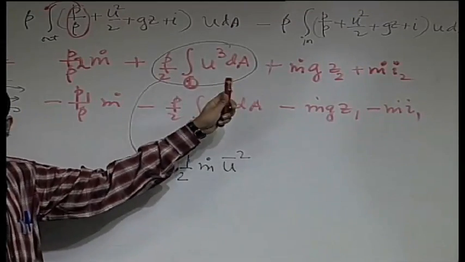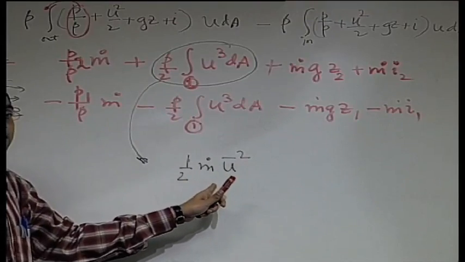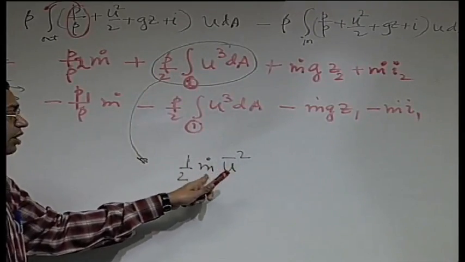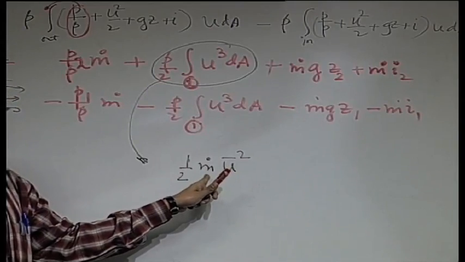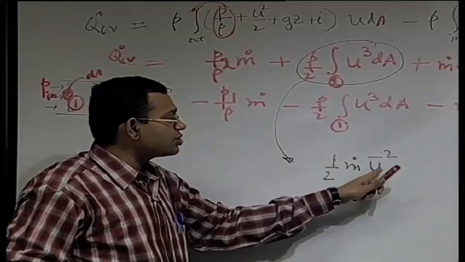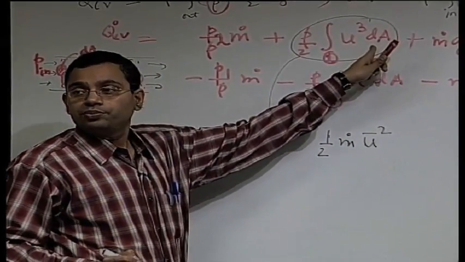But this is erroneous, because m dot is rho into u average into A, so u average into u average square is u average cube, which is not the same as integral of u cube dA.